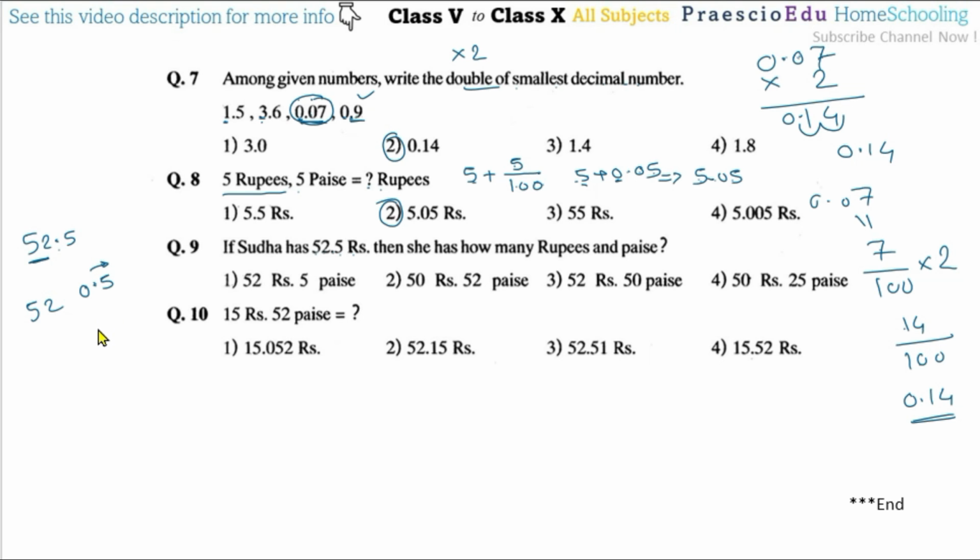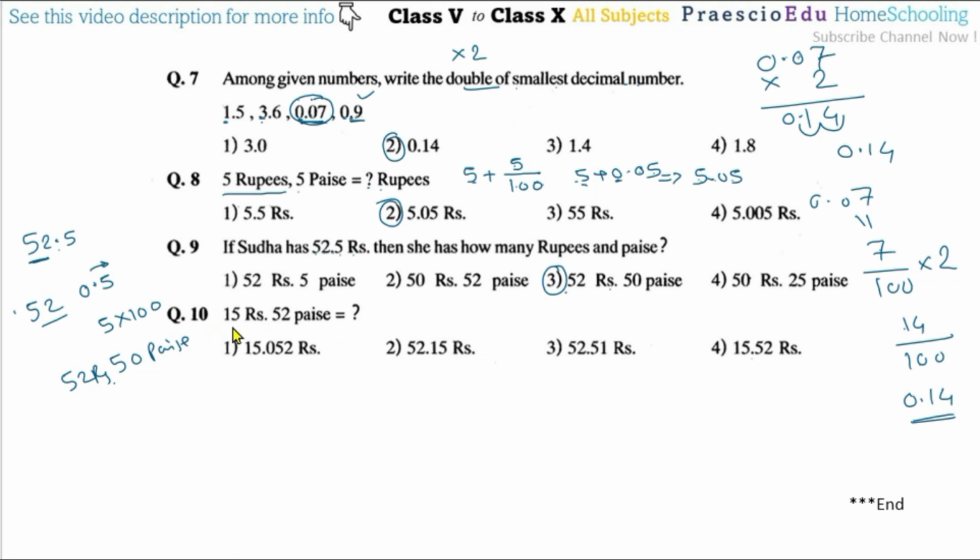So this 0.5, we multiply by 100, so this is 50 paise, and this 52 rupees as it is. So 52 rupees 50 paise means option number 3 is the correct one.